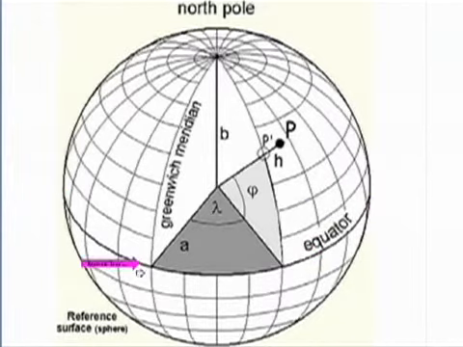So that means every 15 degrees of longitude is equal to 1 hour of time. If it's midnight in Greenwich, then it's 11 o'clock here, it's 10 o'clock over here, 9 o'clock over here, and here is 1 o'clock in the morning, 2 o'clock in the morning, 3 o'clock in the morning, 4 o'clock in the morning.